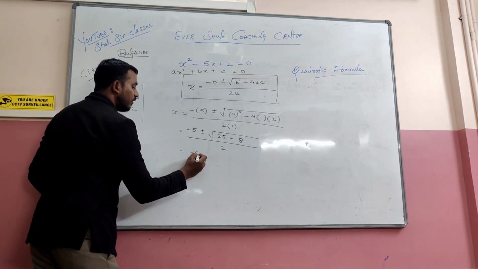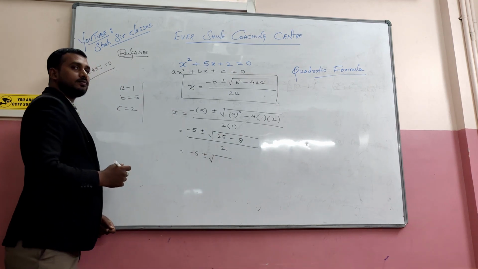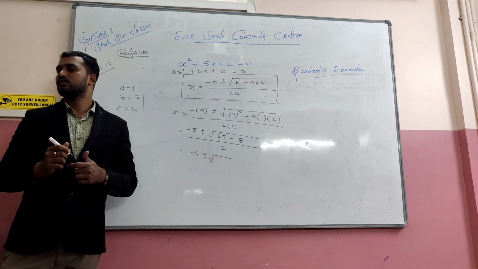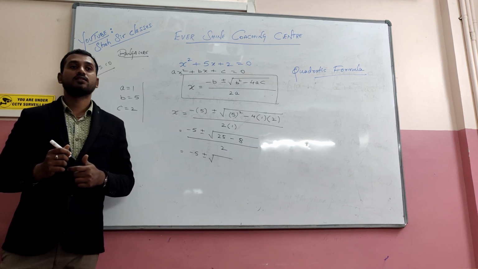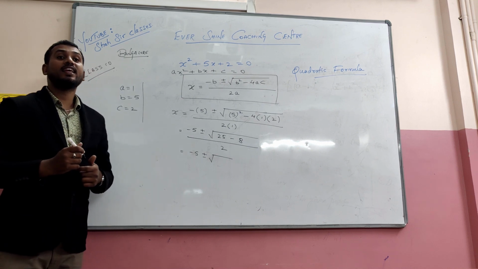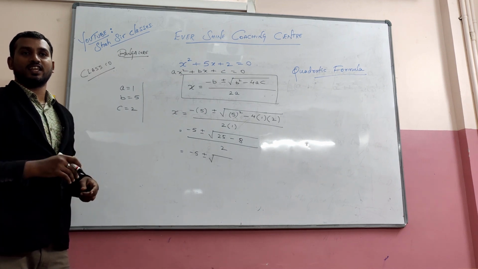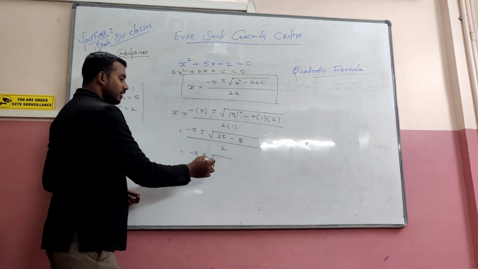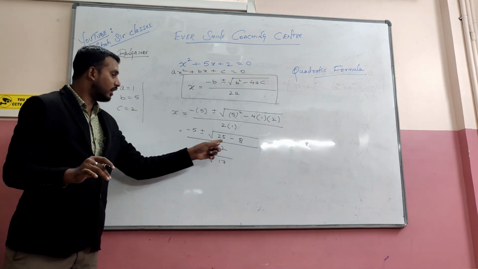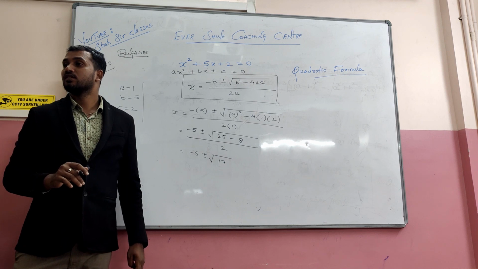Then minus 5 plus or minus root of 25 minus 8. What is the value of 25 minus 8? Yes? 25 minus 8. 20 minus 3, how much is left? 17. 25 minus 8, how much?